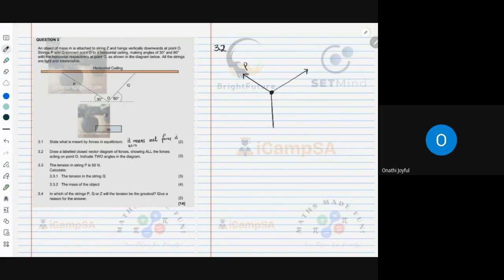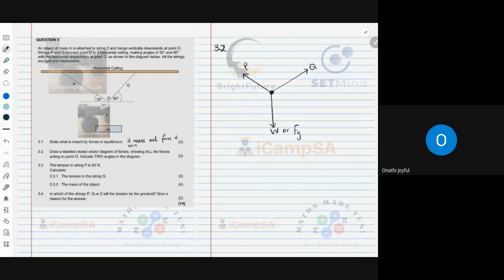Yeah, P, Q. Then you have weight. Some people write it as FG. It's the same thing. I usually prefer weight, like W, just makes things easy. Right, so you have these three vectors.